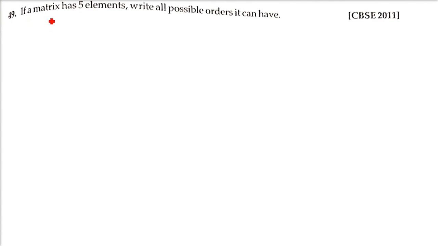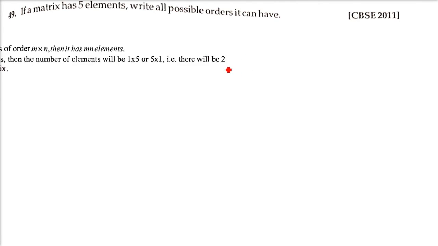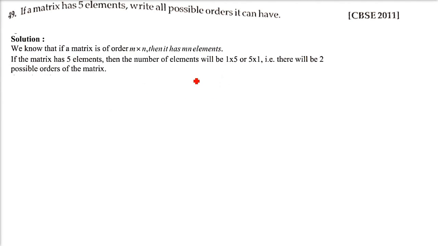If a matrix has 5 elements, write all possible orders it can have. See, every matrix will be the multiplication of row and column, m into n. So can you tell me which are the two numbers which when multiplied give you 5, positive integers? It can be only 5 into 1 or 1 into 5. That is, any matrix A will be m cross n, and m cross n has to give you 5 elements.